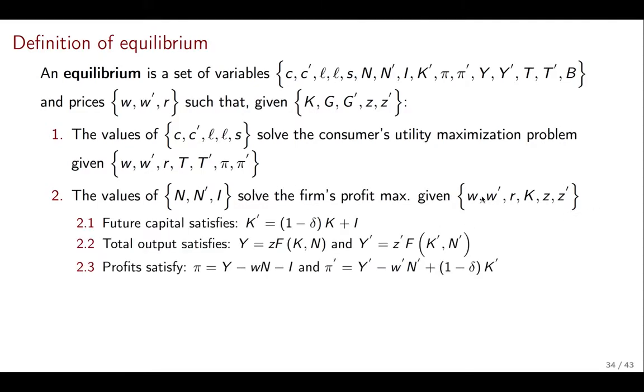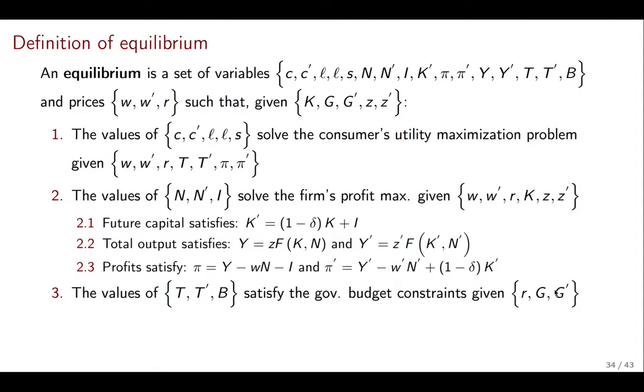Now, given that solution, we also know that K prime, listed here, has to satisfy the capital accumulation equation. Output is just defined by the production function, and profits must satisfy their definition. Then the values of taxes and government debt must satisfy the government budget constraints, taken as given the interest, which is a price taken as given by the government, and the level of government expenditure, which is taken as exogenous.